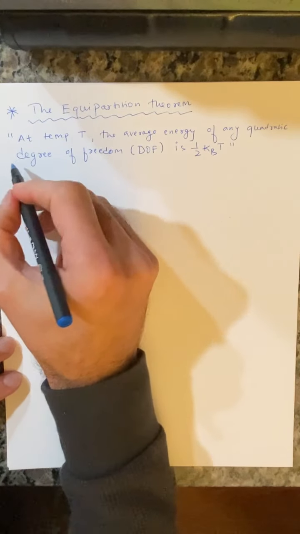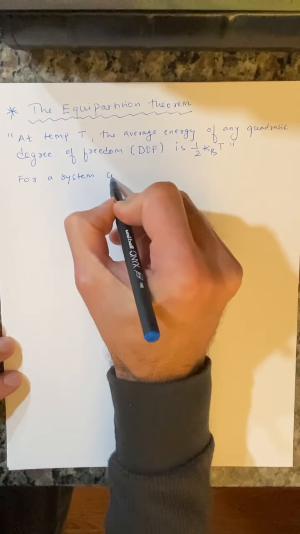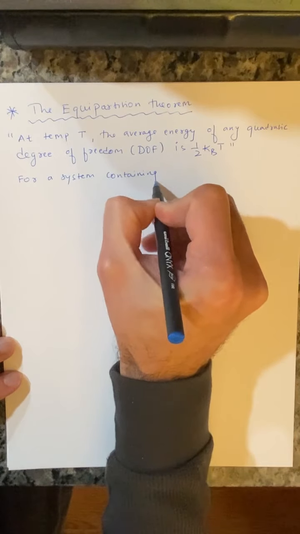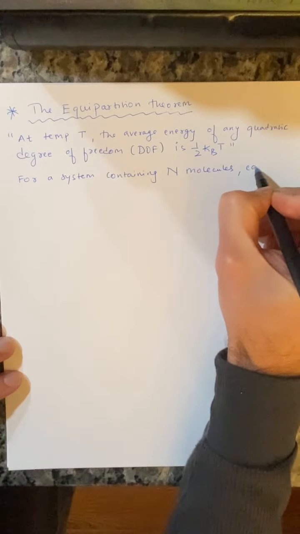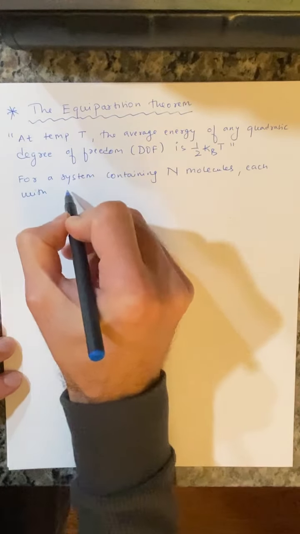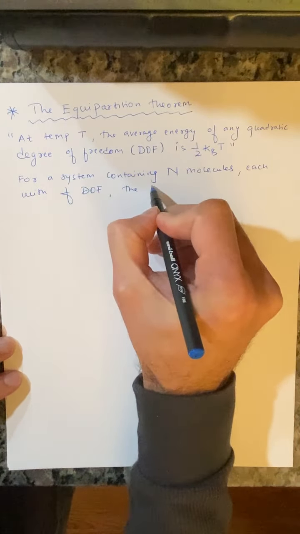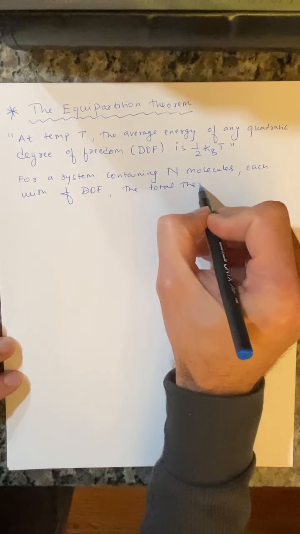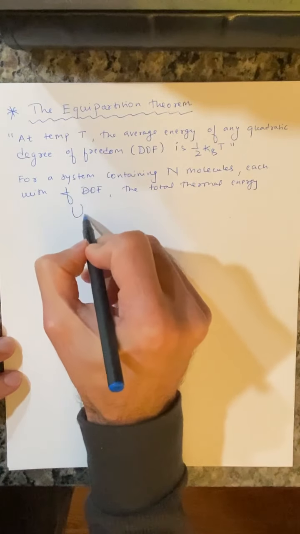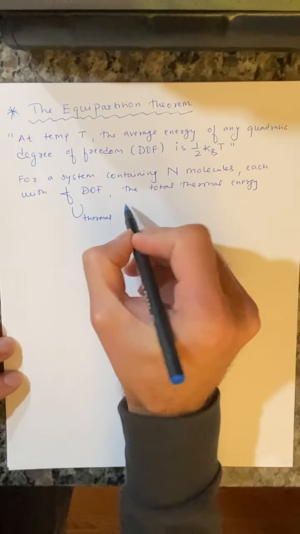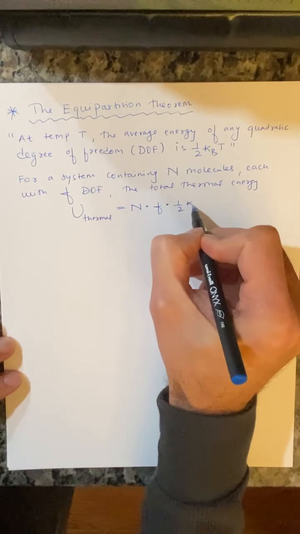If you remember, we took this a little bit further and we said for a system containing N molecules, each with small f degrees of freedom, the total thermal energy can be given as U thermal is equal to N f half kBT.